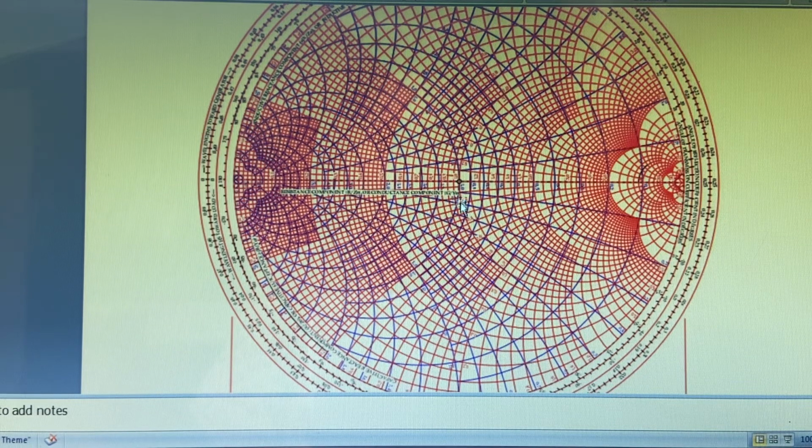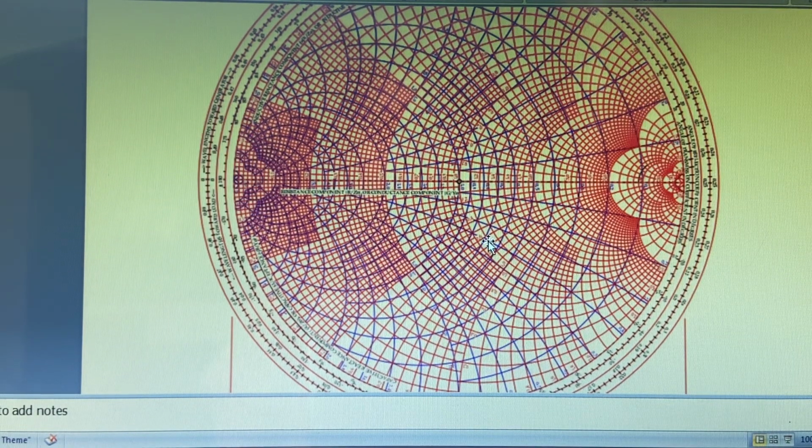If you are moving on conductance circles, either in the clockwise or anti-clockwise direction, that adds a shunt element. Similarly, if you move on resistance circles, that adds a series element, and it may be a positive or a negative element, like an inductor or a capacitor. We can come to know that from the direction in which we are moving on the resistance circles. It may be on any resistance circle; we can move over any resistance circle.